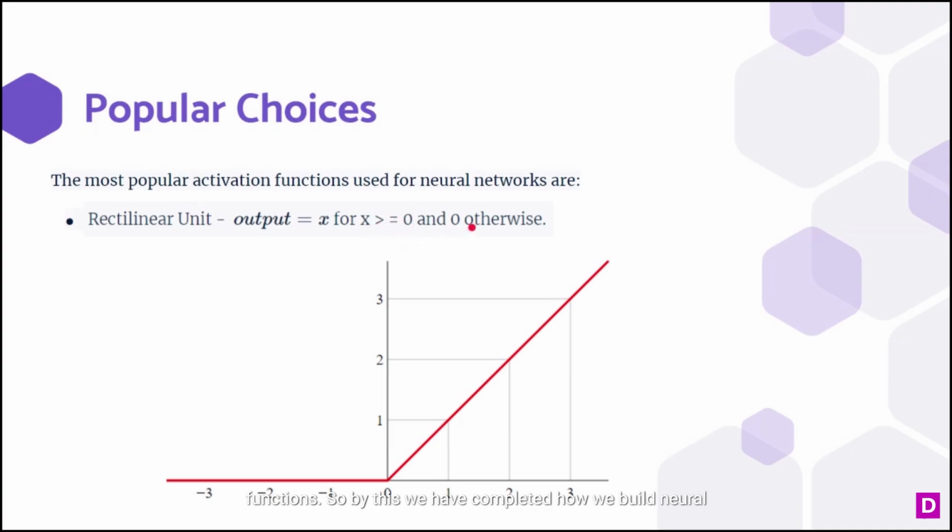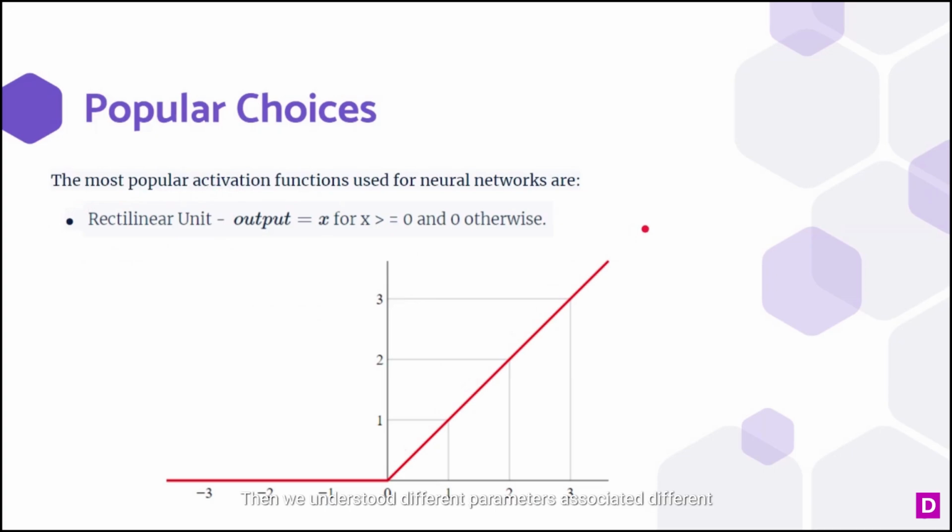By this, we have completed how we build an artificial neural network inspired by the actual human brain. We summarized certain takeaways from the human brain and structured our artificial neural network with the concept of the perceptron.